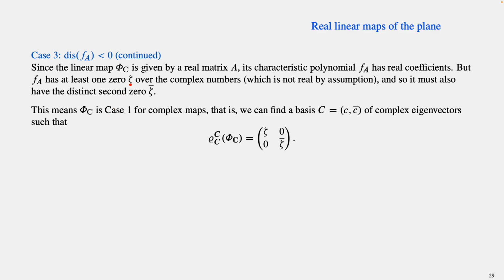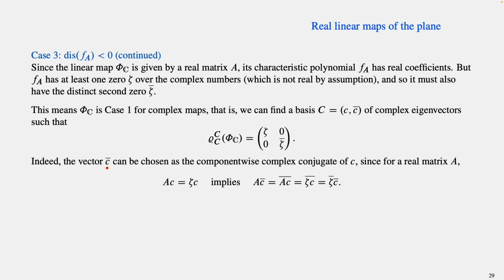This means we have two distinct complex zeros for phi c. So in this case, we have case 1 for complex maps. That means we can find a basis, which I call c and bar c, of complex eigenvectors, such that in this basis, this extended map phi c is represented by this diagonal matrix, zeta 0 and 0 zeta bar.